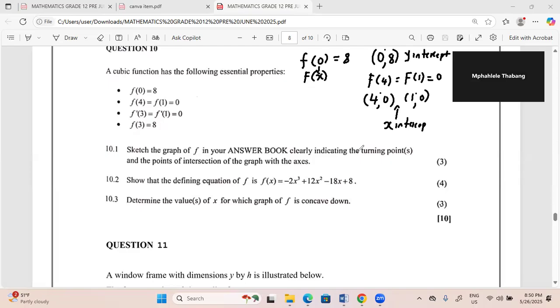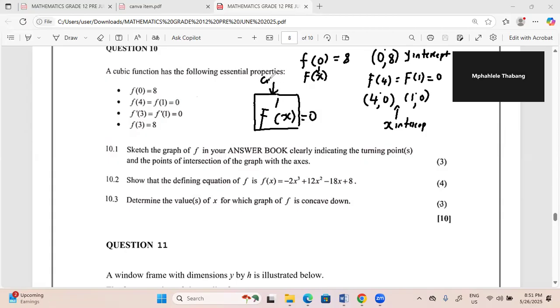Now they are saying f prime. Guys, if I say f prime of x equals 0, what am I talking about? F prime of x is the gradient at any point. When you see f prime of x, you know that this is a gradient.